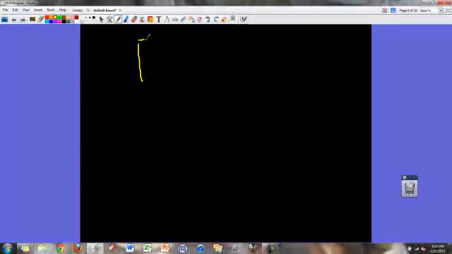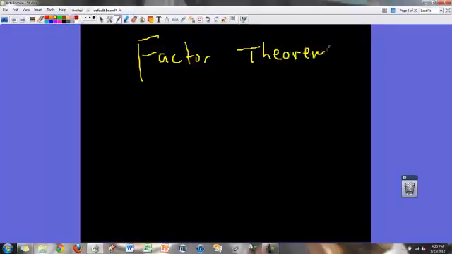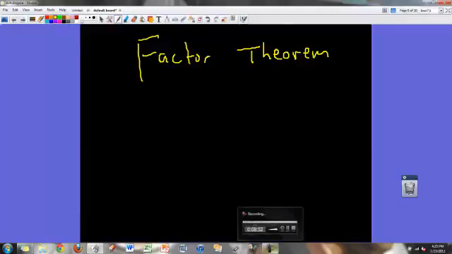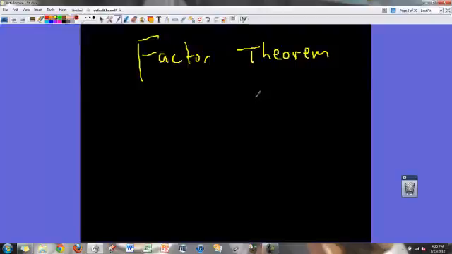So, the factor theorem. Now, what this theorem basically says is that you can find out whether or not what you're dividing by is a factor of something. Case in point, let's find an example here. Something fun. This looks good.